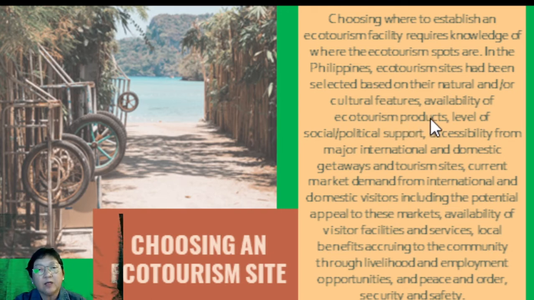In the Philippines, ecotourism sites have been selected based on their natural or cultural features, availability of ecotourism products, level of social political support, accessibility from major international and domestic gateways and tourism sites, current market demands from international and domestic visitors, including the potential appeal to these markets, availability of visitor facilities and services, local benefits accruing to the community through livelihood and employment opportunities, and peace and order, security and safety.